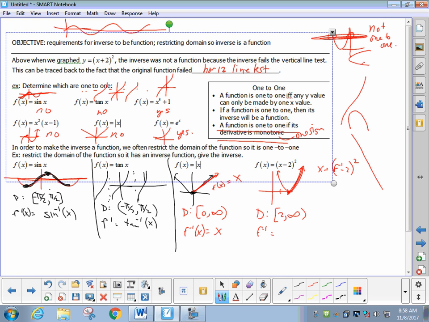What is it? Square root of x plus 2 inside or outside? Outside. Okay. That would look like this. You can see it. Okay.